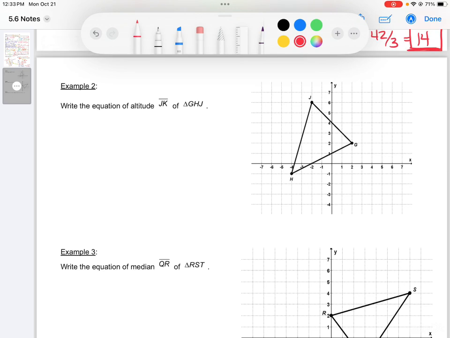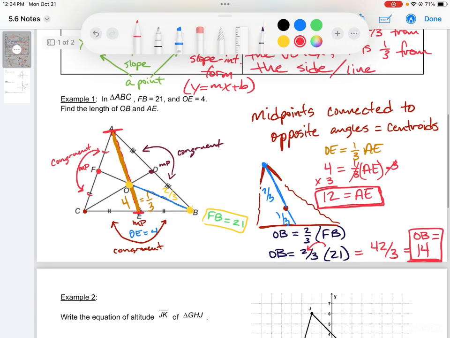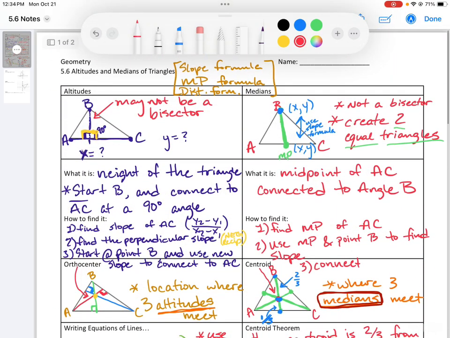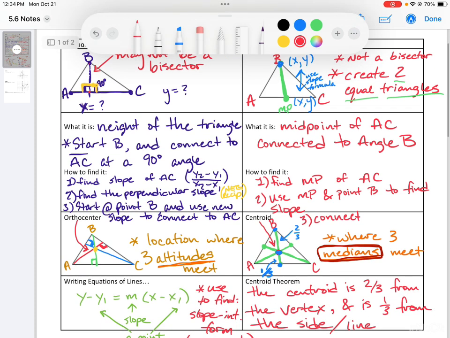All right, moving forward now, example 2. It says write the equation of altitude JK of the triangle GHJ. And if we go up to our definitions at the top, the altitude is when you start at a given vertex and you connect it to the opposite side at a right angle.